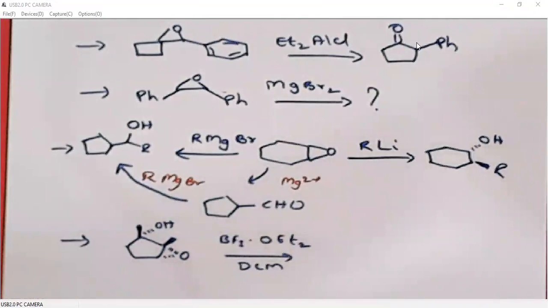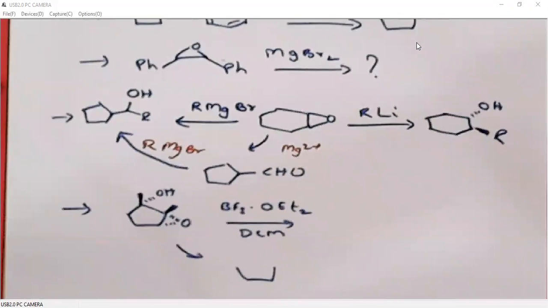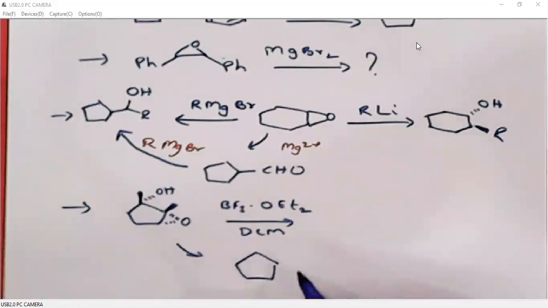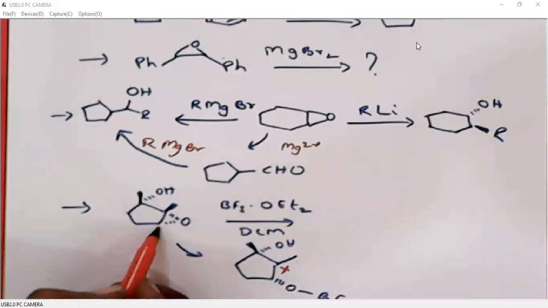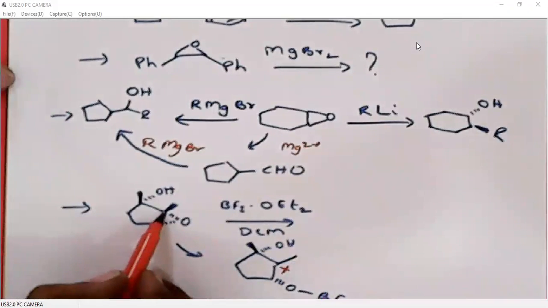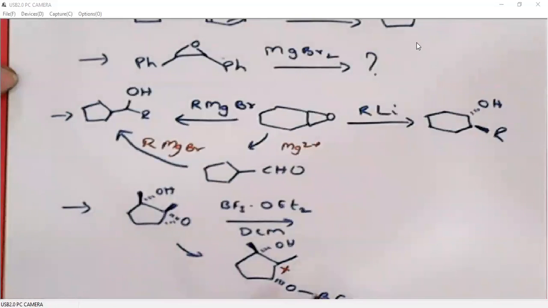As usual, the epoxide oxygen can interact with Lewis acid. So it generates, just a minute, the more stable carbocation here. This is the more stable carbocation. Here it is just a secondary carbocation. Here it is a tertiary carbocation. So it is more stable.